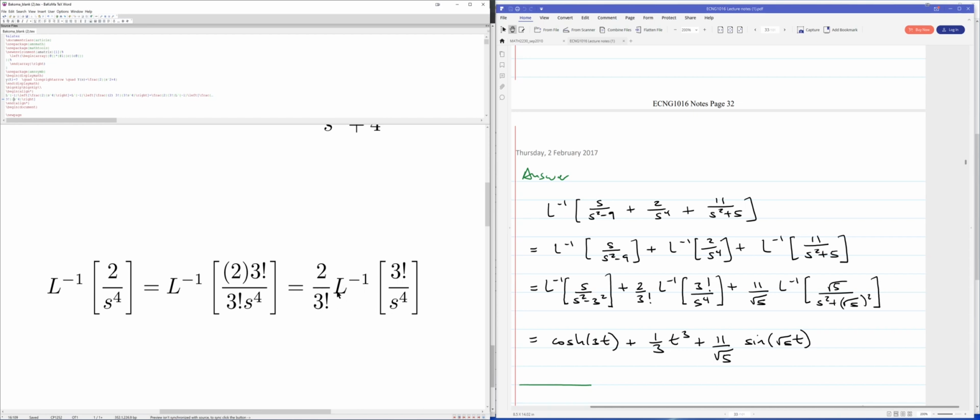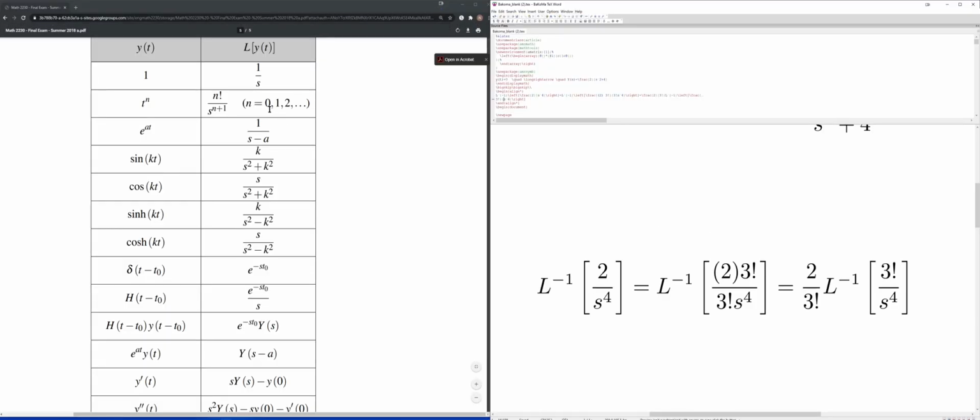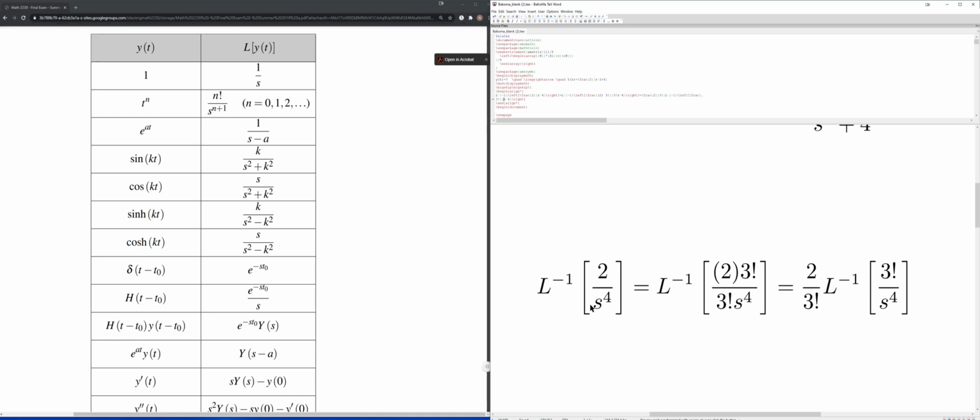So in my formula here, n is equal to 3 and s is to the power 3 plus 1, which means this is going to correspond to t to the n, where the small n is equal to 3. The key thing is I'm able to write this 2 on s to the fourth with the appropriate factorial on top, 3 factorial on s to the fourth.